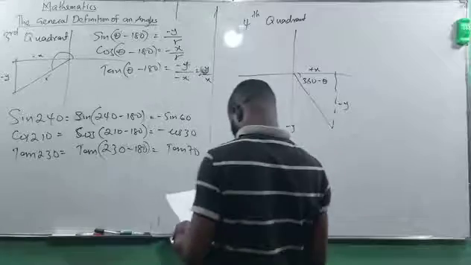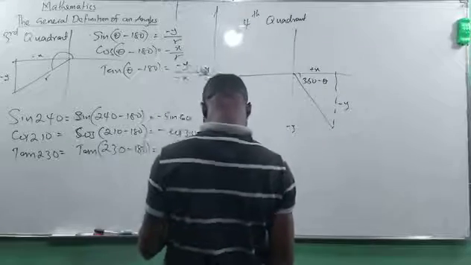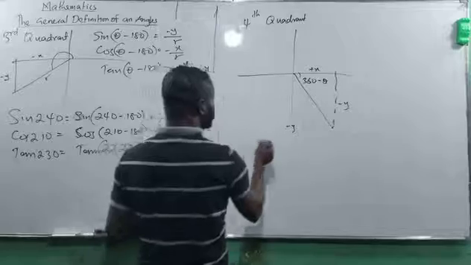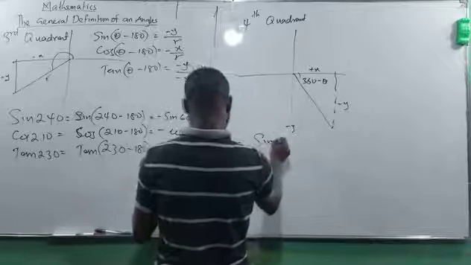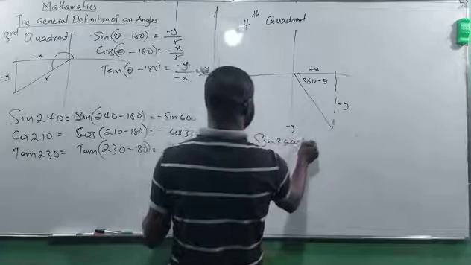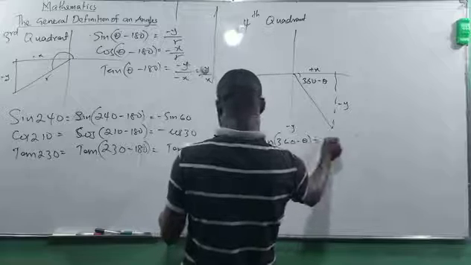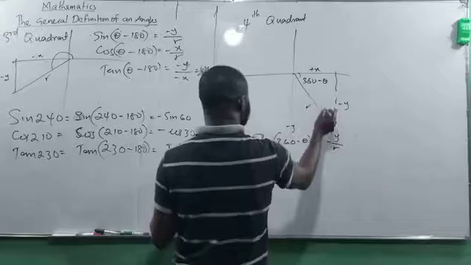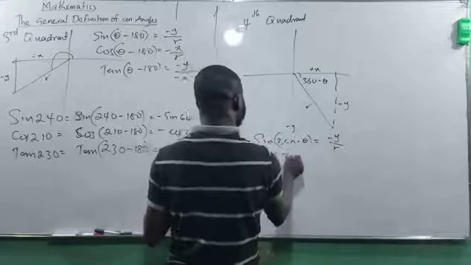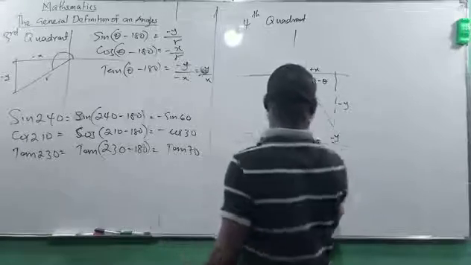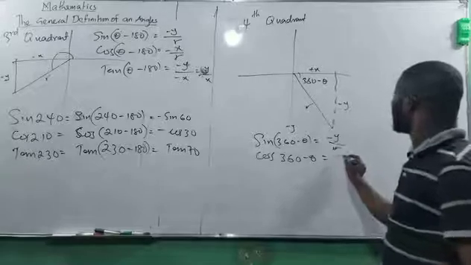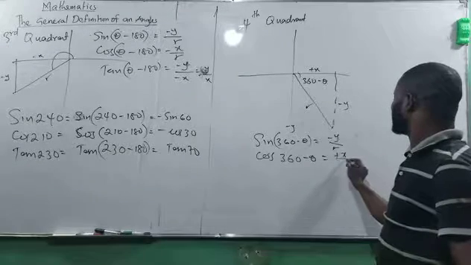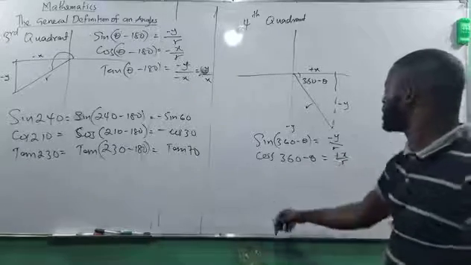Now, for us to work on that, sine 360 minus theta will be equal to minus y all over r. This is always r. Cos 360 minus theta will be equal to plus x all over r. That is why this one is positive.